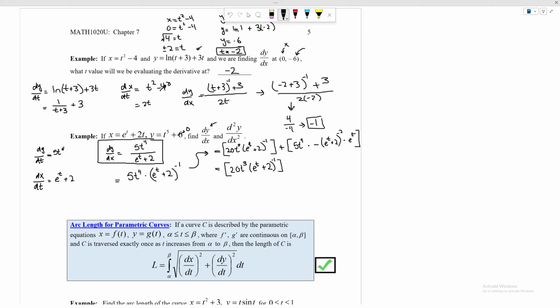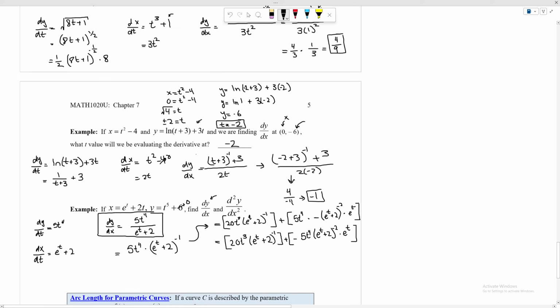So that's my first one. Plus my second one, this whole thing will become negative 5t^4 times (e^t plus 2) to the negative 2 times e^t.